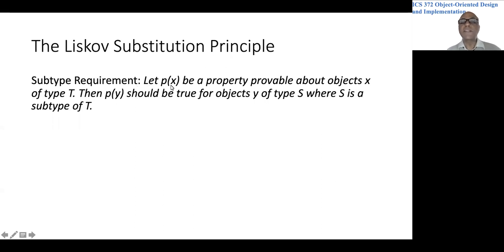What it says is, if there is a property for objects of a certain type T, then that property should be true for all objects of the subtype S, where S is a subtype of T. So this is primarily looking at the issue of whether subclassing of an existing class is appropriate or not. So any property that is true of the superclass should be true of the subclass too.